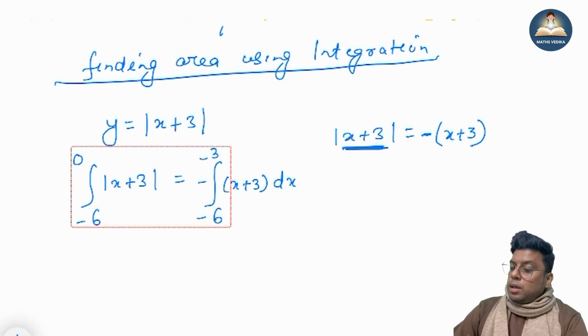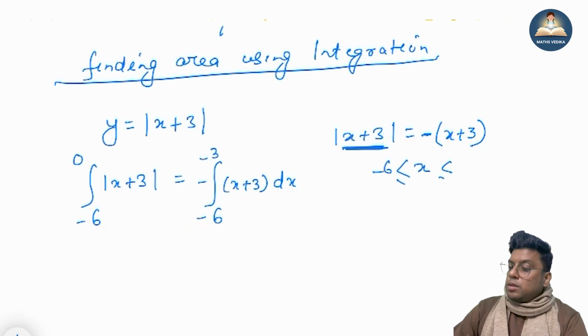This is |x + 3| = -(x + 3) when x is from -6 to -3.